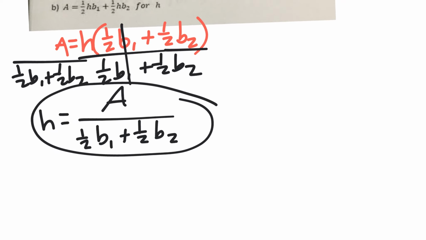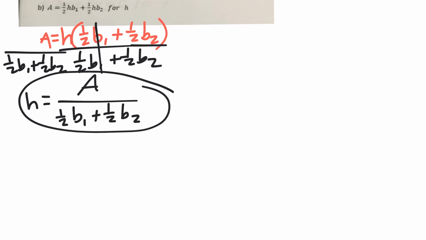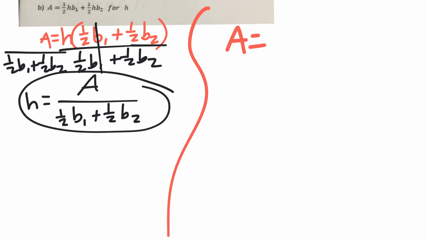And that's fine, but that's a little awkward because there's a big fraction, and then in the denominator there's other fractions, so you've got fractions in fractions, which is not the best looking thing. Now, if you would have factored out a 1/2 height, look what happens there.